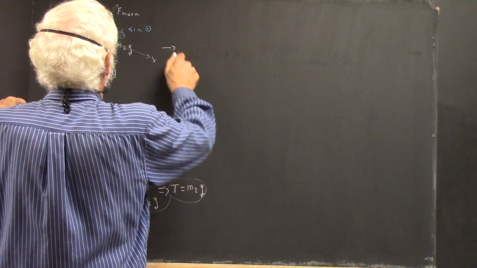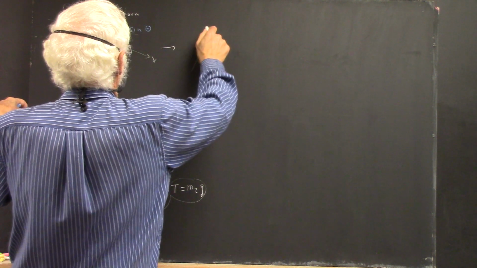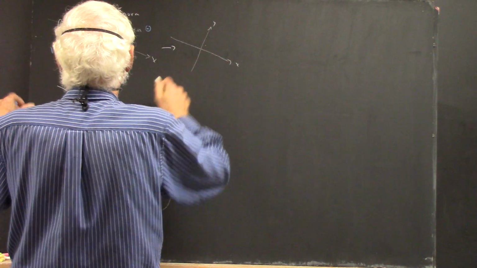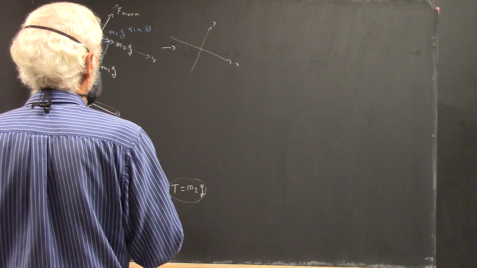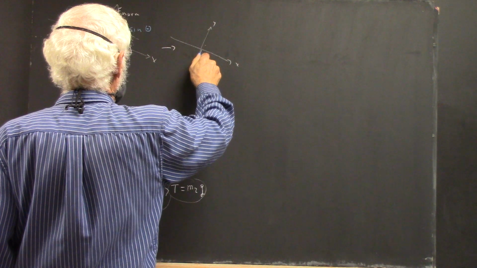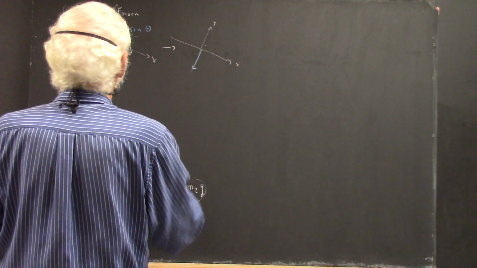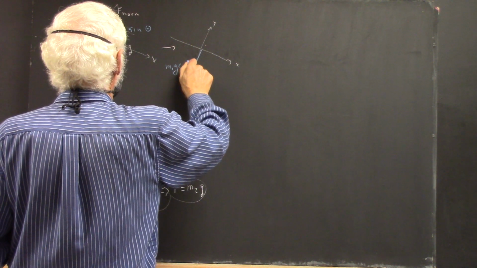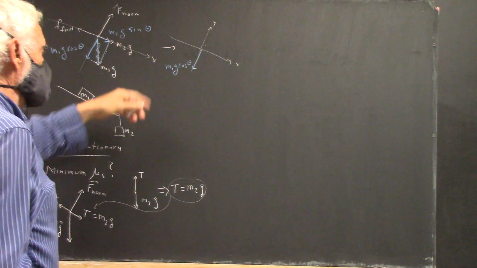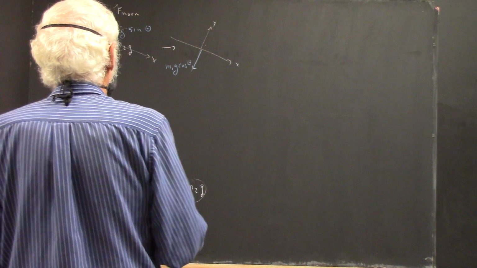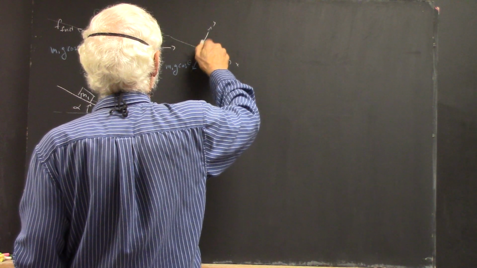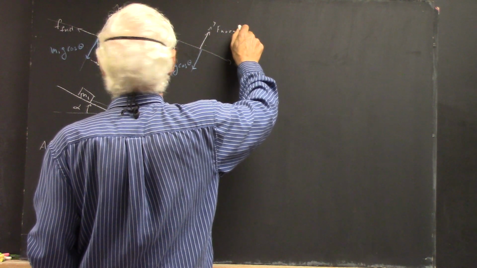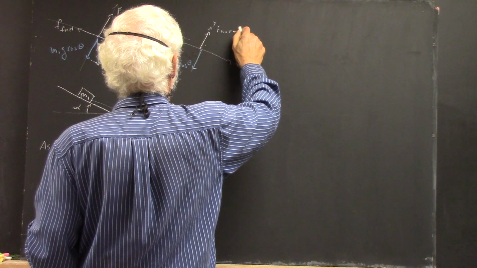So this leads us to the picture: the magnitude of this force is M1G cosine theta. The magnitude of your normal force also has to be the same. I'm skipping some steps there because we don't have time to do everything in detail.